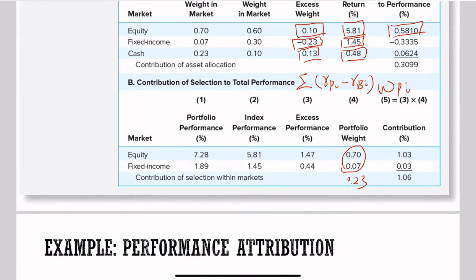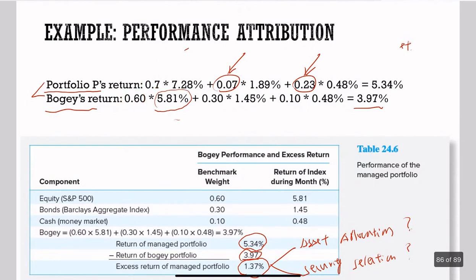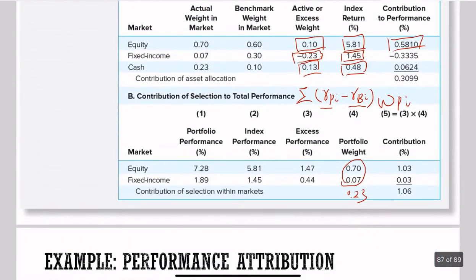And then we will look at excess performance. Excess performance is just RPI minus RBI. That is portfolio P's return in asset class I minus Bogey portfolio's return in asset class I, right? So for example, for equity, the difference is 7.8 minus 5.81. Right? So that's exactly what we're getting here. So the return difference is 1.47.